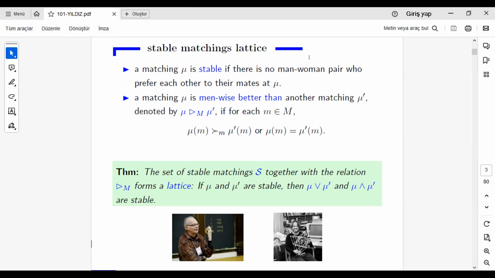Likewise, there is an infimum if you go the other way and give each man the less preferred mate. This fact was observed by Conway and spoken a lot about by Knuth.